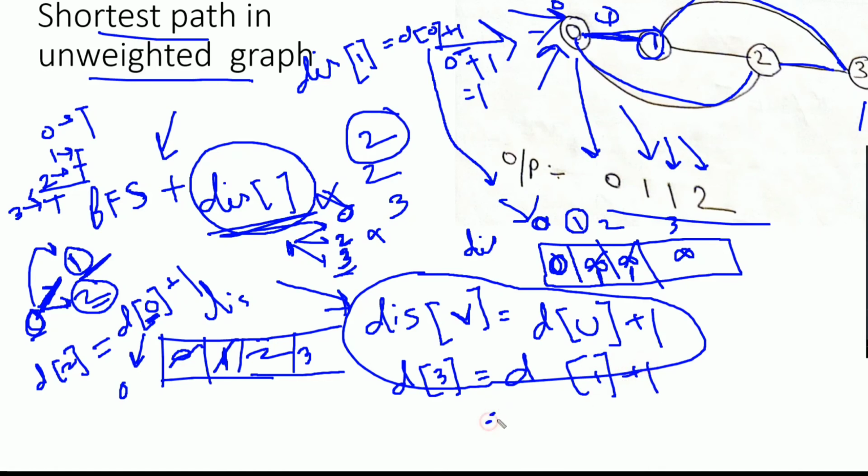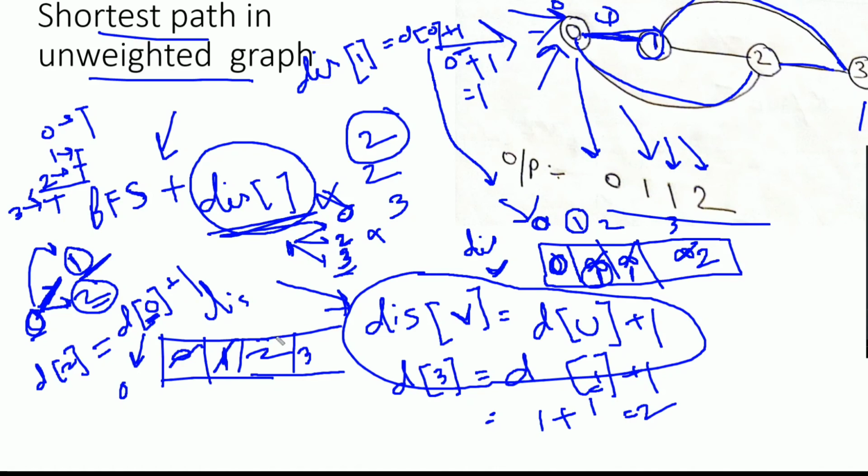The distance between the source vertex and vertex 1 we have already calculated and it is stored in our distance array. It's nothing but 1. So 1 plus 1 is 2. So the distance from the source vertex to vertex 3 is 2, and we are going to store 2 units of distance for vertex 3.